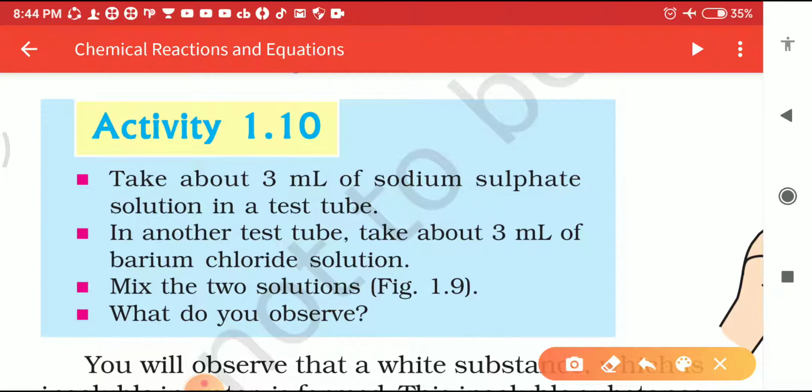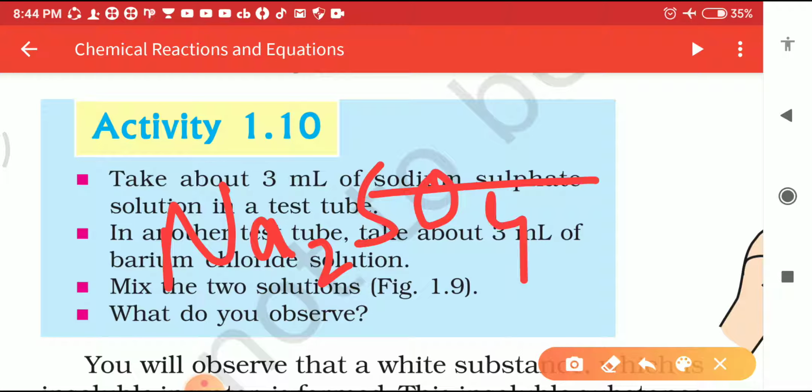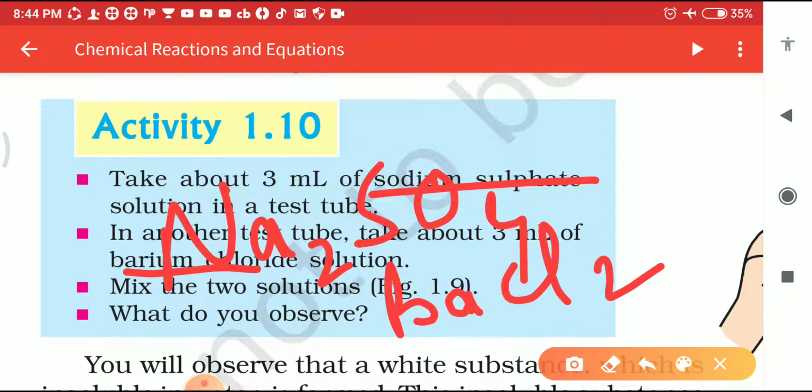The formula of barium chloride is BaCl2, barium Ba and chloride Cl2. So you take 3 ml of sodium sulfate solution and 3 ml of barium chloride solution.